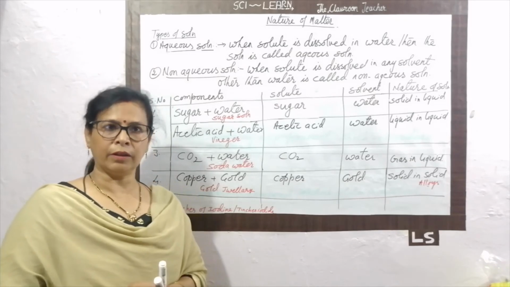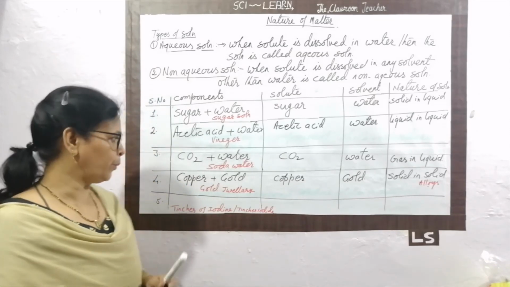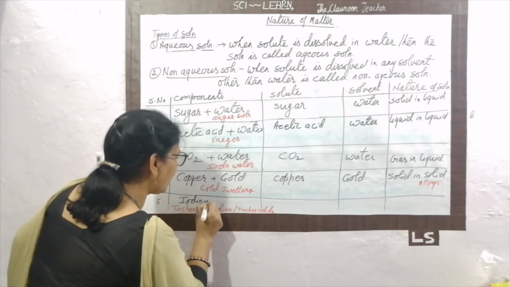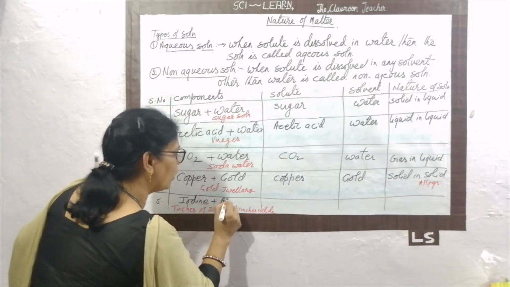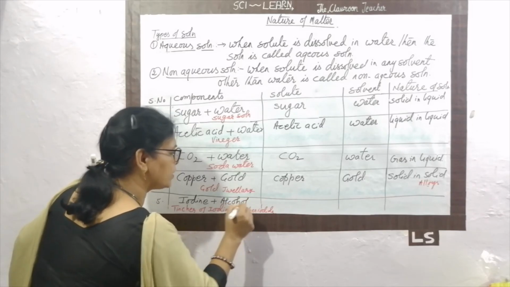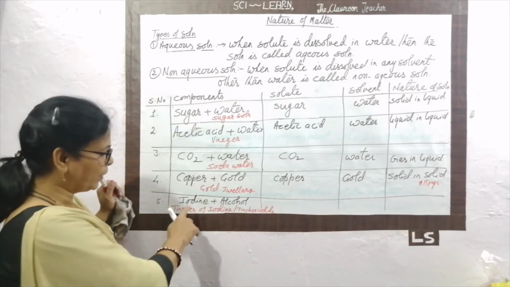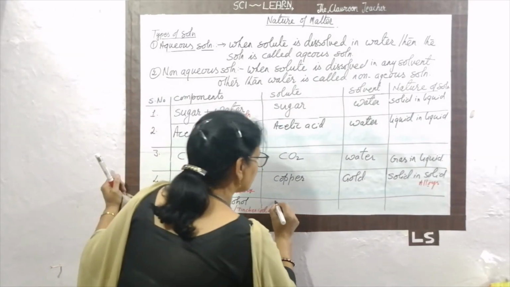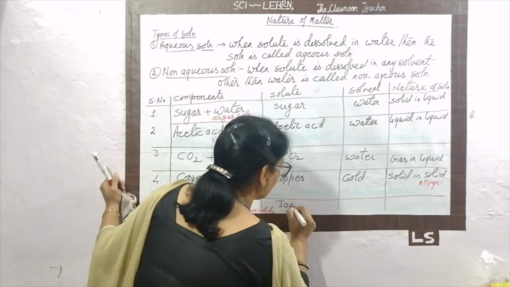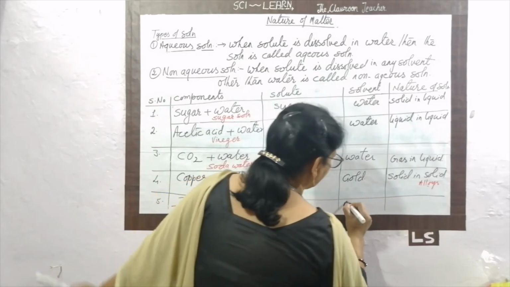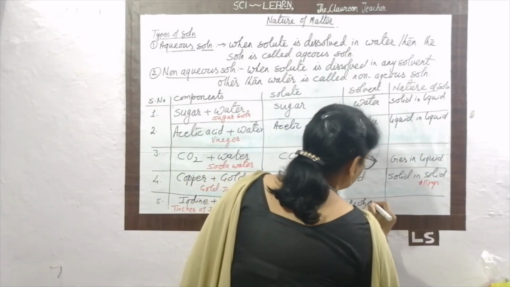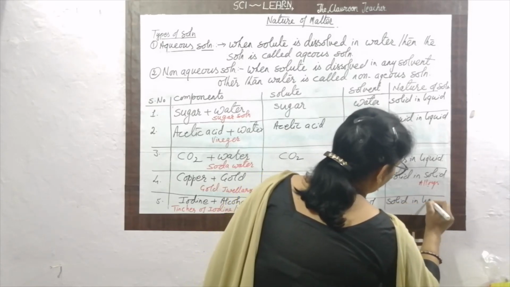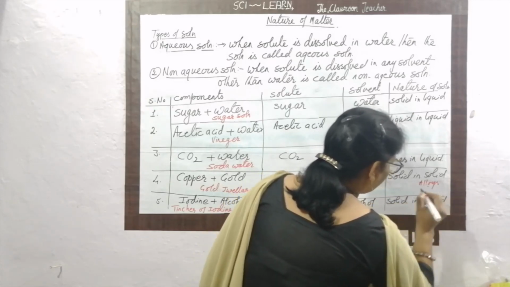What happened here? Here one solid is there, that we call iodine, and iodine is dissolved in alcohol. Iodine is definitely lesser in quantity, alcohol is larger. So what is the solute here? The solute is iodine. What is the solvent here? That is alcohol. So the nature here: iodine is solid, so it is solid in liquid.